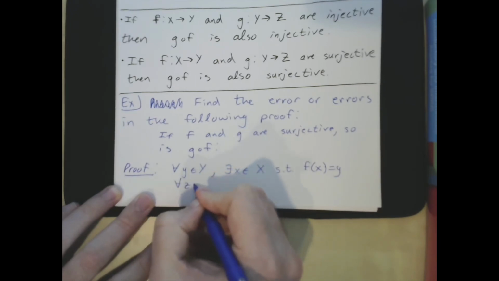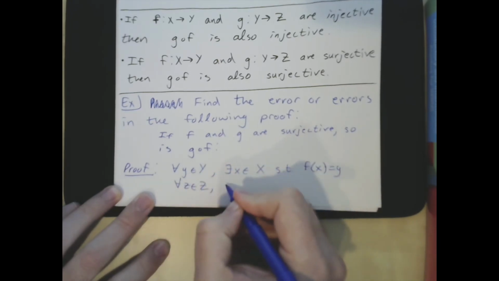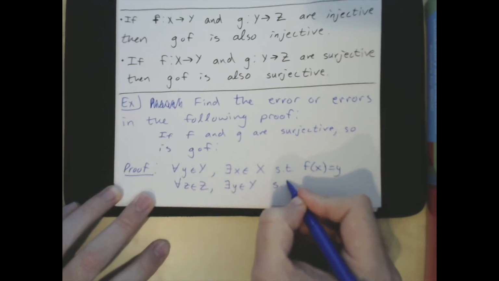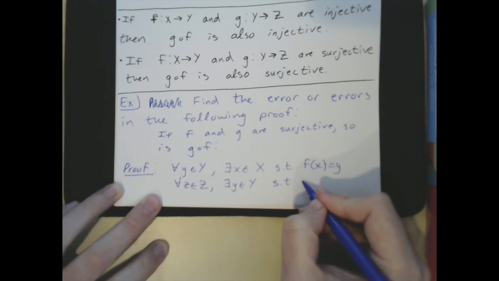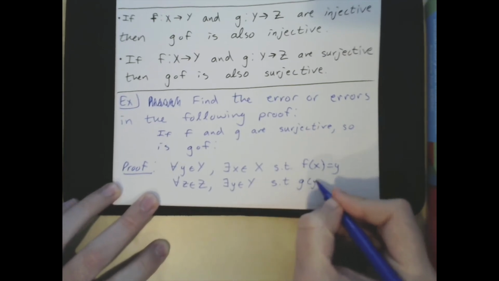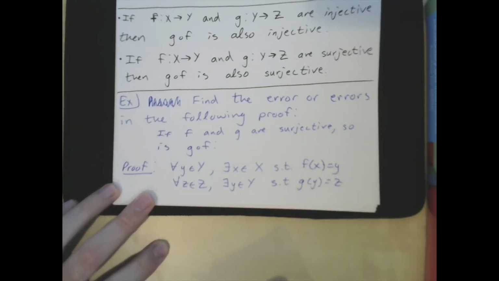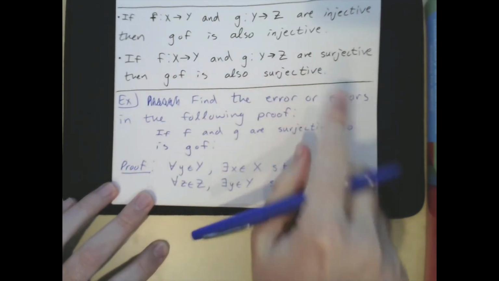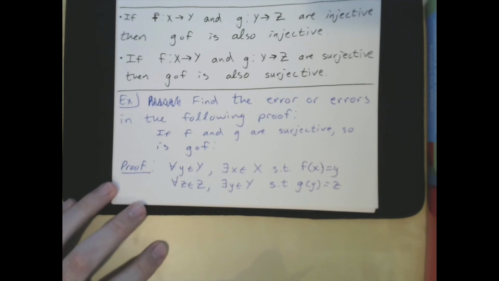For all little z in big set Z, there exists a little y in big set Y such that g of y equals z. So I'm still working under these definitions: f maps X to Y and g maps Y to Z. I just didn't write it here.